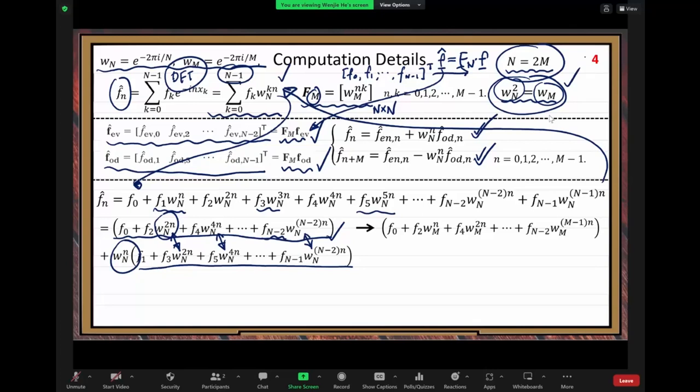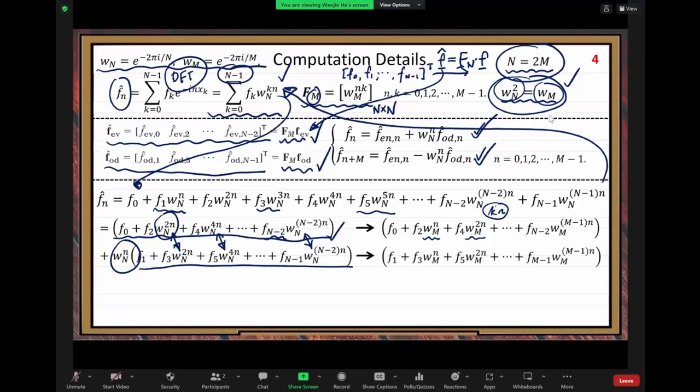You can see we get the expression, but this time using W sub M to the power of a multiple of little n; in general, we can assume k times n. If we use this new representation, then we can get a matrix expression, as you will see.